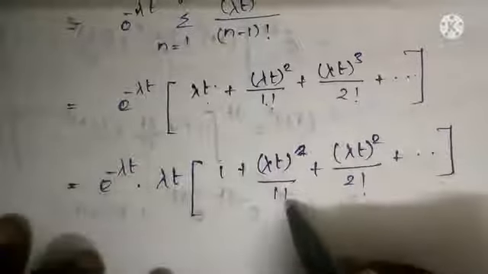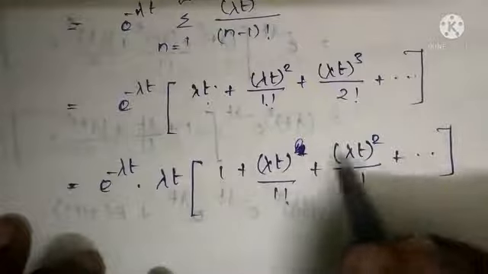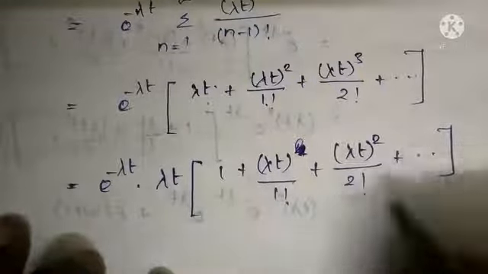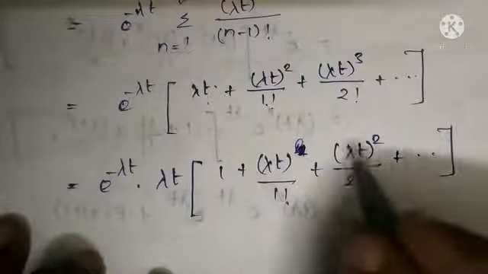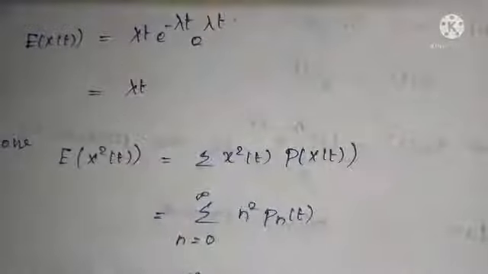Lambda t whole cube by 3 minus 1, 2 factorial, etc. Taking lambda t common, it resembles 1 plus x by 1 factorial plus x square by 2 factorial, etc. We know 1 plus x by 1 factorial plus x square by 2 factorial plus etc. is e power x. So e power x, where x is lambda t here. When we add the powers, it becomes 1. So it is simply lambda t. So the mean of Poisson process is lambda t.